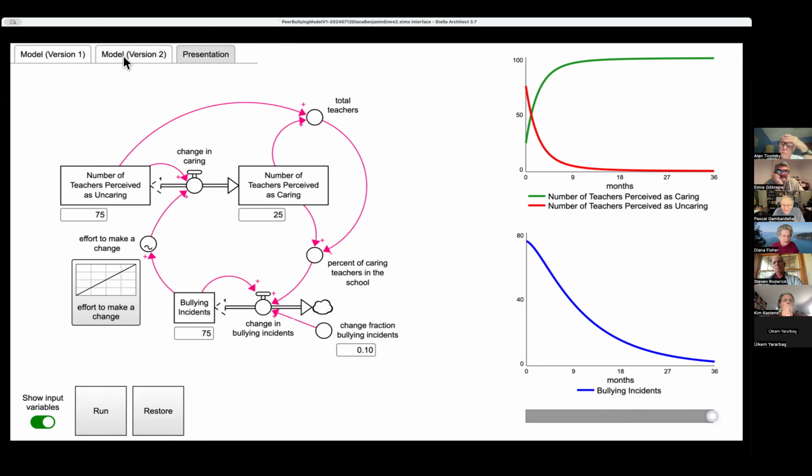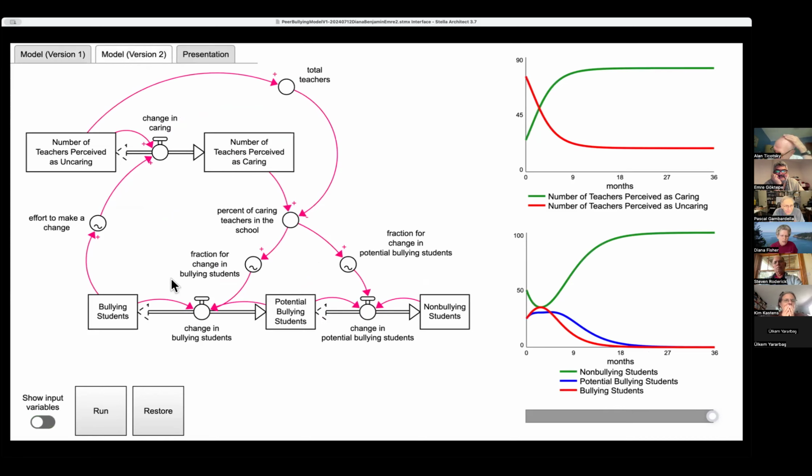And then in our second model, we thought, well, let's talk about the actual students instead of the bullying incidents. And so we thought there were students who didn't bully. This is obviously kind of an aging chain. Students who didn't bully, and maybe some of them had the potential to bully, and some of those who potentially could bully did actually become bullying students.